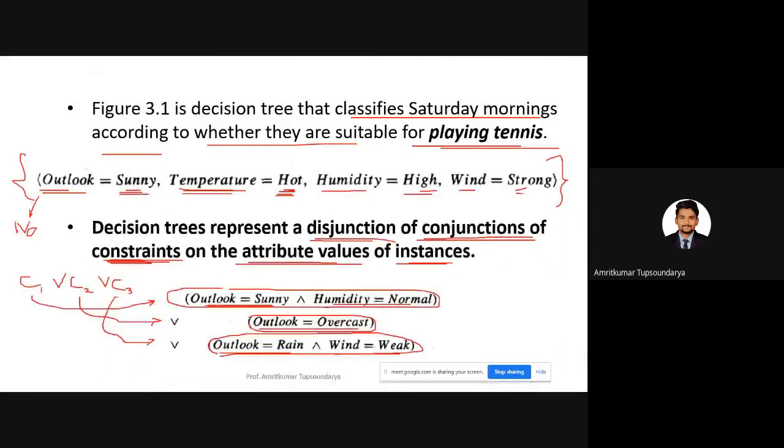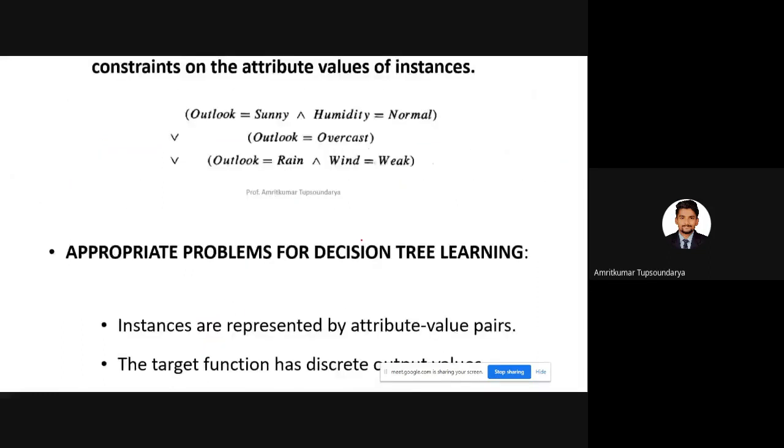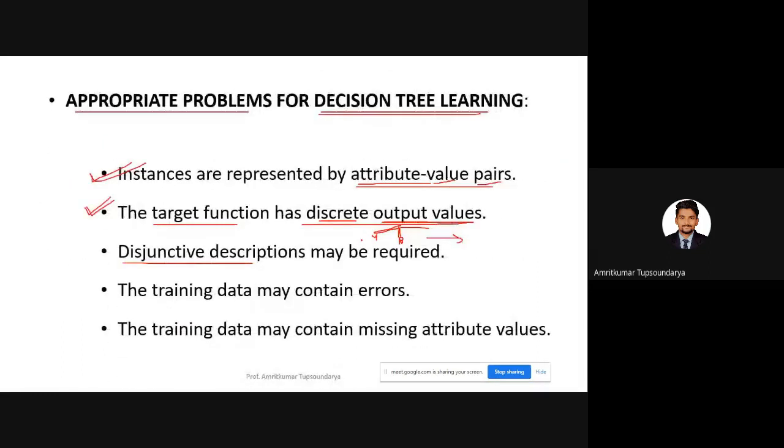The conjunction of all the constraints can form a disjunction. So when the decision tree can be represented in the form of a disjunction, then that particular problem can be considered for decision tree learning. So a disjunctive description should be given for that problem.